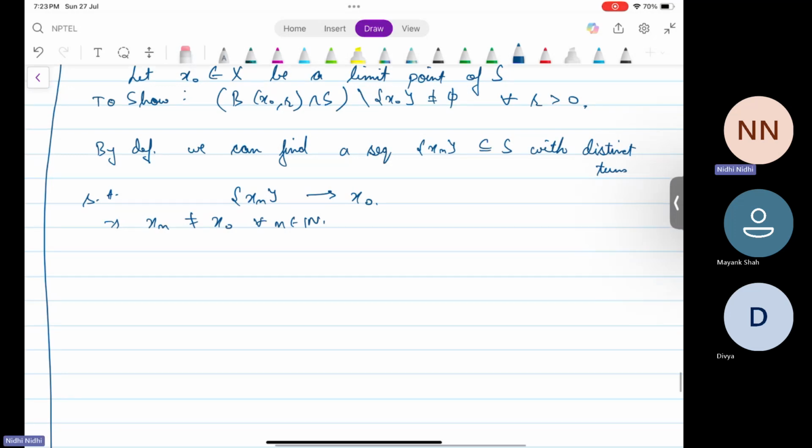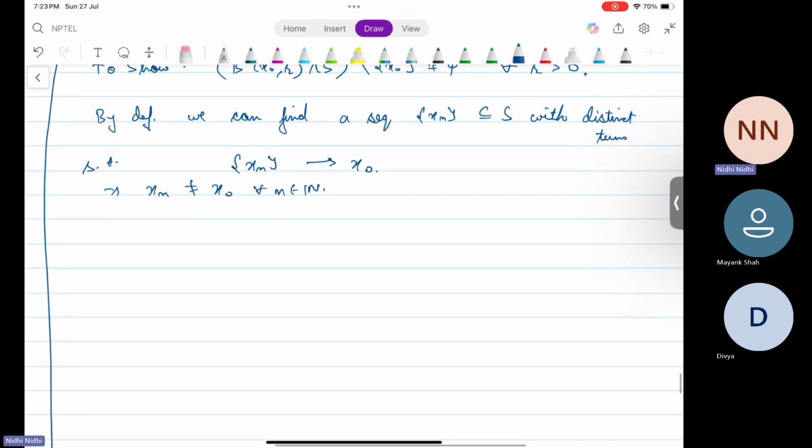This implies, again by definition of convergence, instead of epsilon we'll be taking R: for any R positive, there exists an nR in N such that the distance between xn and x naught is strictly less than R for all n greater than or equal to nR.